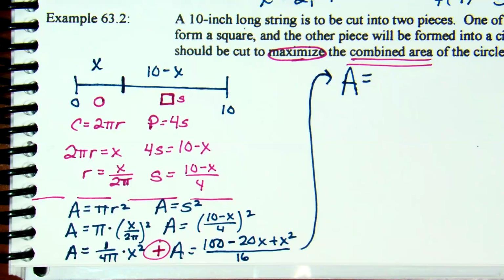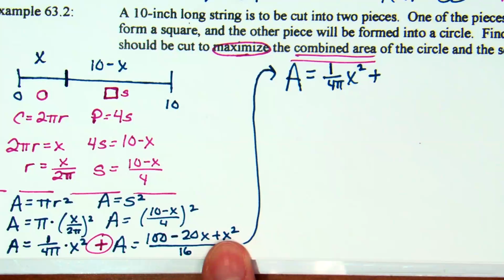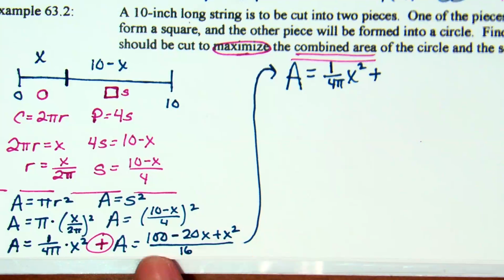Plus. Now, if you look at the square, it's one big fraction. What can I do with that one big fraction? Break it into 3 fractions, where the denominator on all 3 is 16. Again, just trying to set us up for the next step. So I'm going to have 100 over 16, which they all divide by 4.